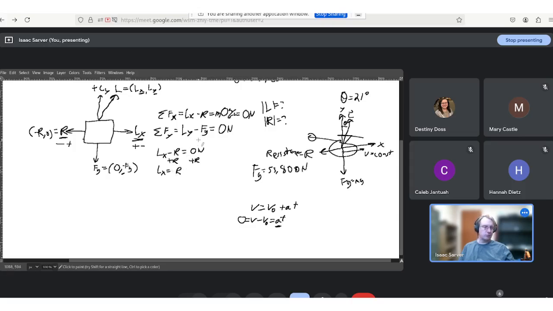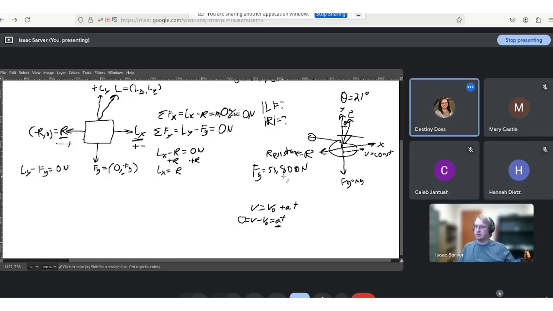These two, right? We need to solve for these. Alright, well, let's solve for them. Ly minus Fg is equal to 0. I know what Fg is, right? Fg equals 53,800 newtons.